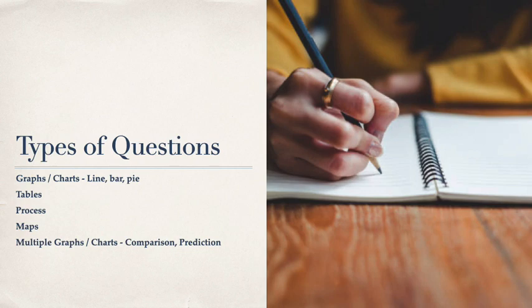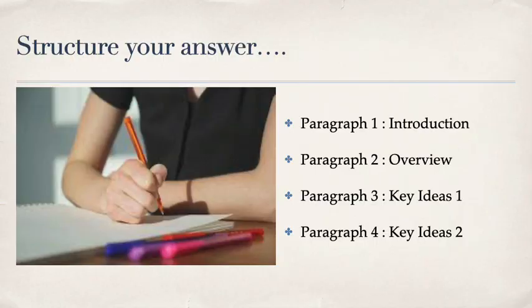There can be graphs and charts like line charts, bar charts, pie charts. There can be tables, processes and maps, and there can be multiple graphs and charts where they ask for comparisons between two time periods or between two countries. So there can be various types of questions like this.